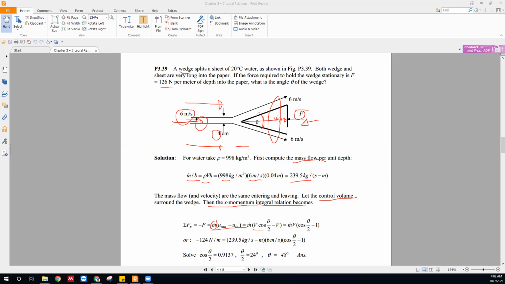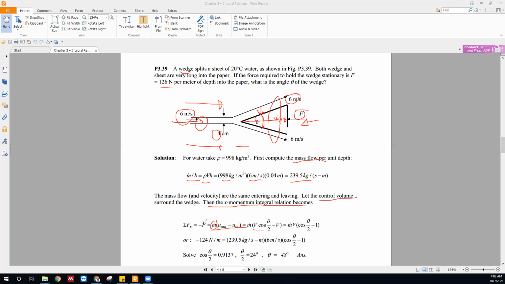So this angle will be half of this total theta. So that's why we write this is the V out. So it should be the velocity value multiplied by cos theta by 2 minus u in, and u in means V, right? So we can calculate equals M. If we take the common V, it gets cos theta by 2 minus 1.